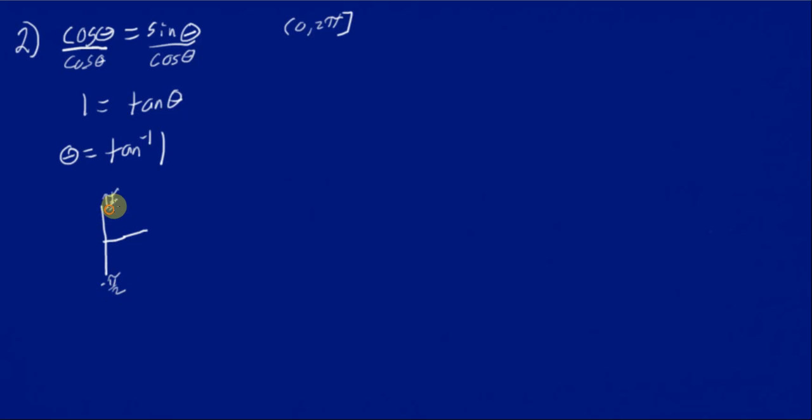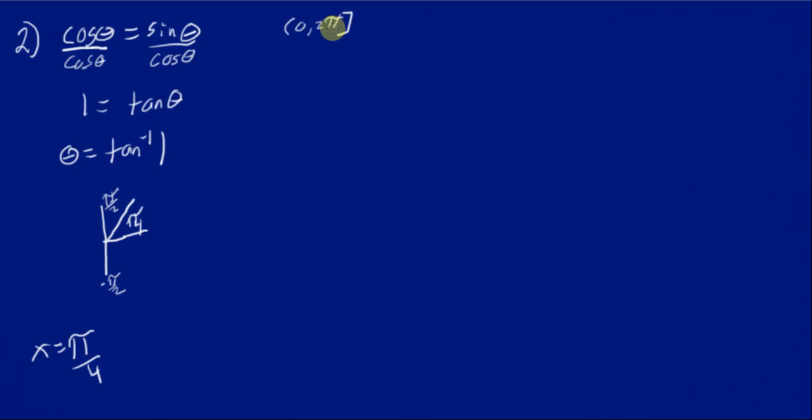That's the principal values. So now the tangent is positive in the first quadrant, and the tangent of 1 is at pi over 4. So if I were asked to do the principal values, my answer would be x, or theta rather, would be pi over 4. And that's it.